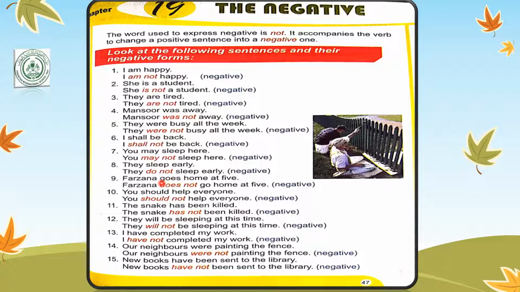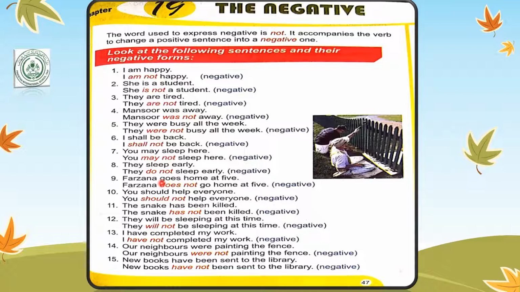When we have present tense sentences like he eats an apple, she eats an apple, I told you that we take do and does for helping. If we have a third person singular, we will use she does not eat an apple. And if you have a third person plural, you will use do.